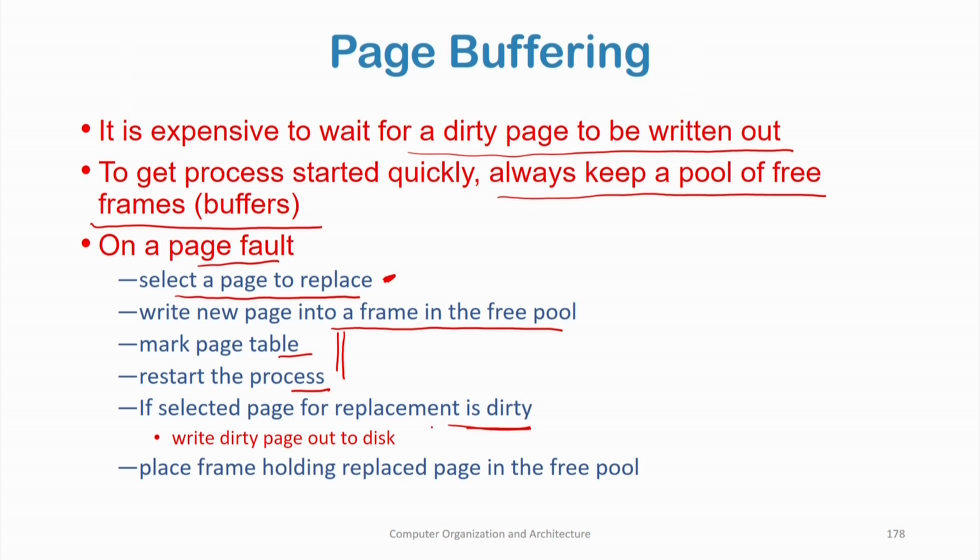Writing this dirty page to the disk happens after the replacement and after the process has started. While the process is working in the CPU, I am putting this dirty page into the disk and creating the free frame pool. So, place the frame holding the replaced page in the free pool. This is how buffering will work.